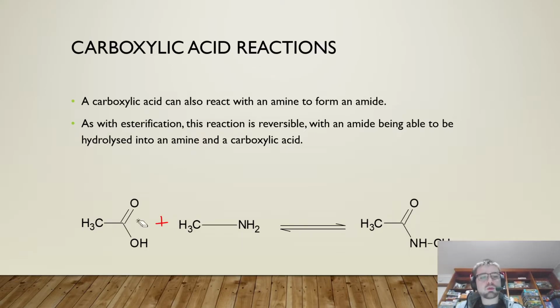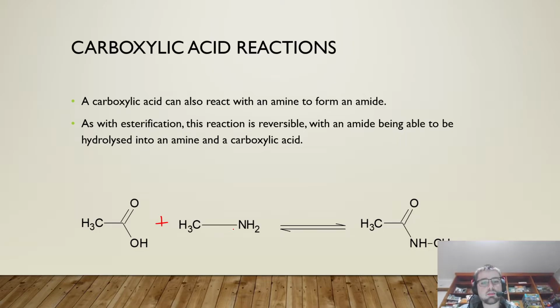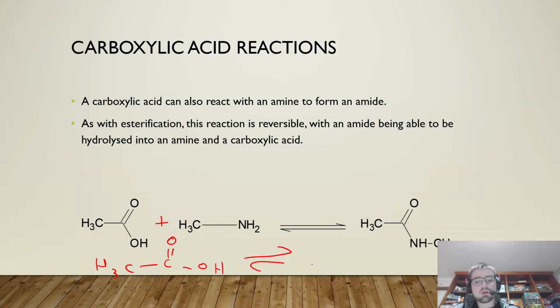The other reaction we can do with the carboxylic acid is we can add an amine to it, in which case we'll get an amide being formed. So here I've added a primary amine. This could theoretically work if you just added ammonia as well. So if I have that there, can add ammonia and get something similar.